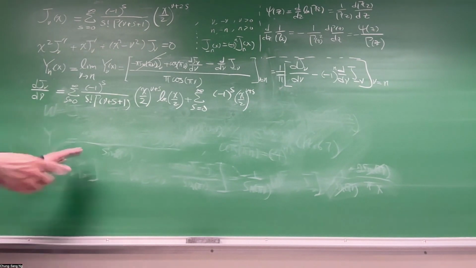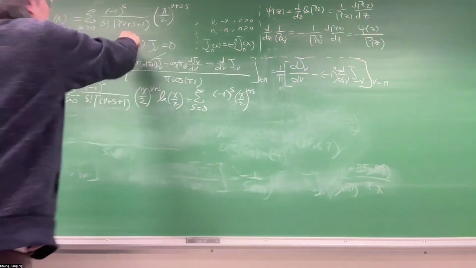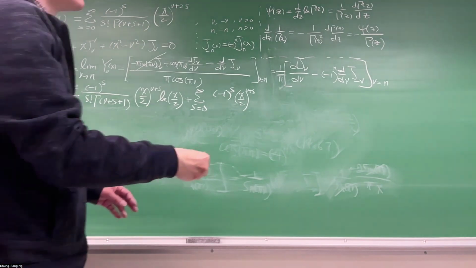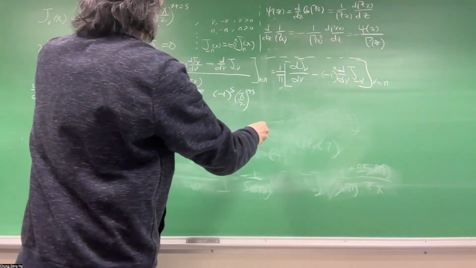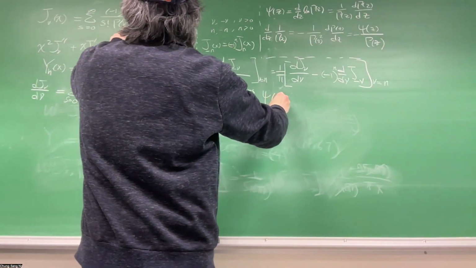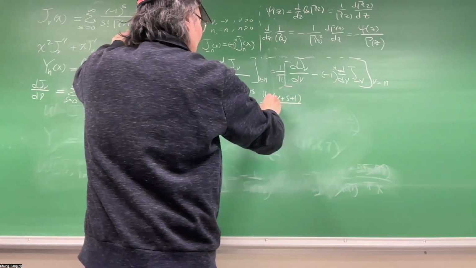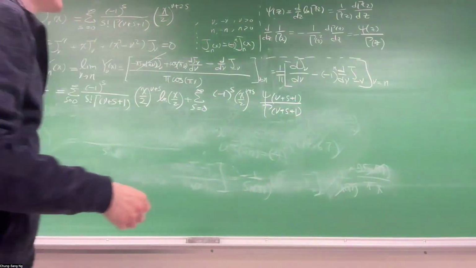So I got everything right, right? So we only need that. So all together, let's take a derivative of that, and it becomes psi of nu plus s plus 1 divided by gamma of nu plus s plus 1, right?